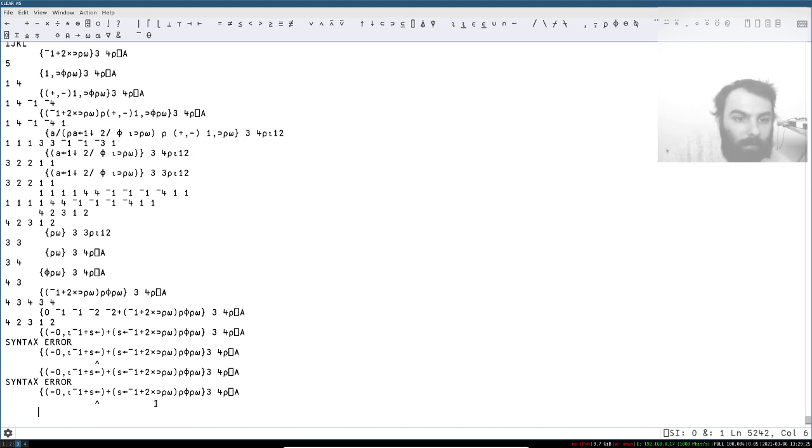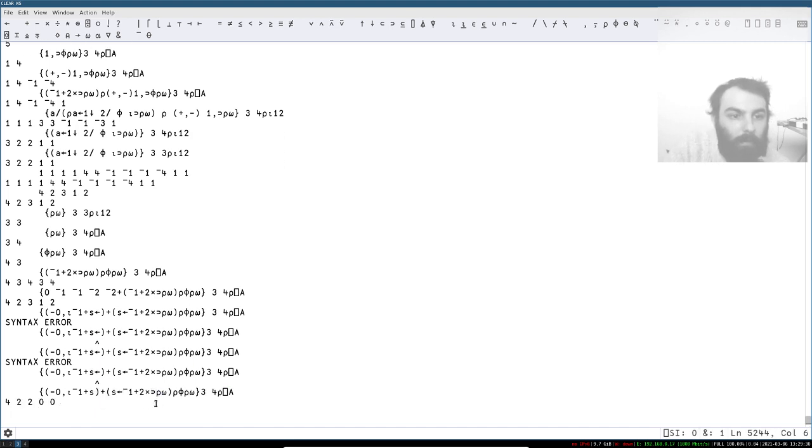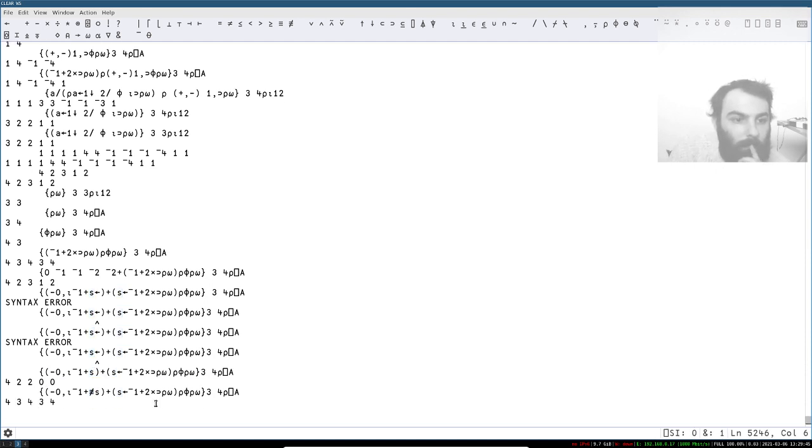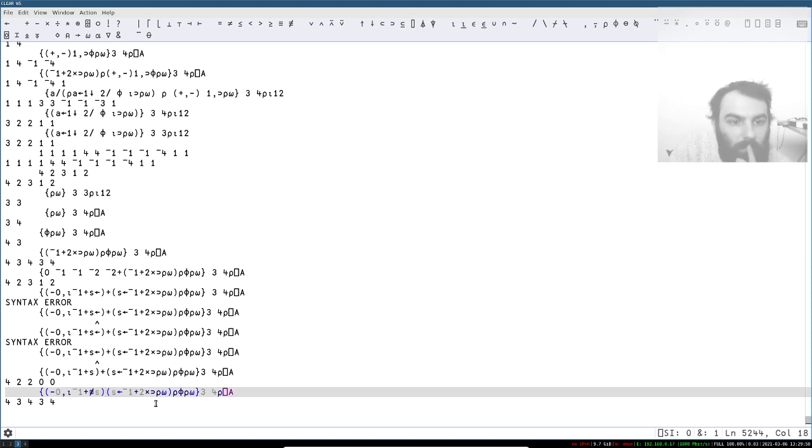Oops. Sorry, not iota plus the steps themselves. Am I right? Oh no, that is an odd number, isn't it? Yeah, that is the number of steps. Do you understand this?